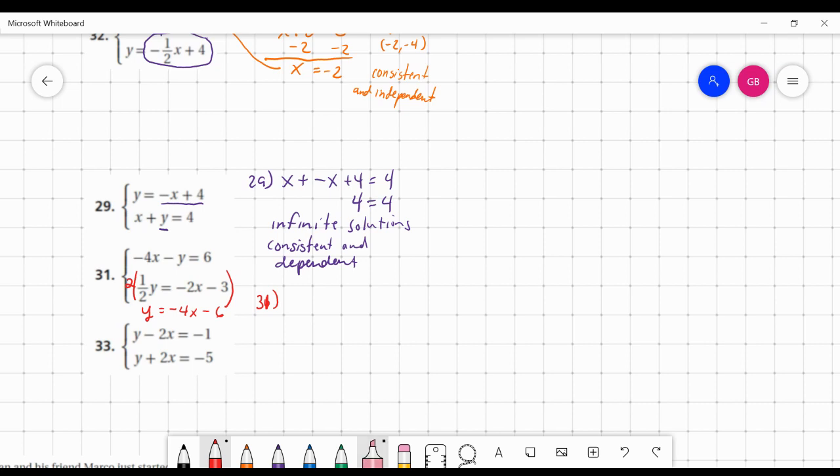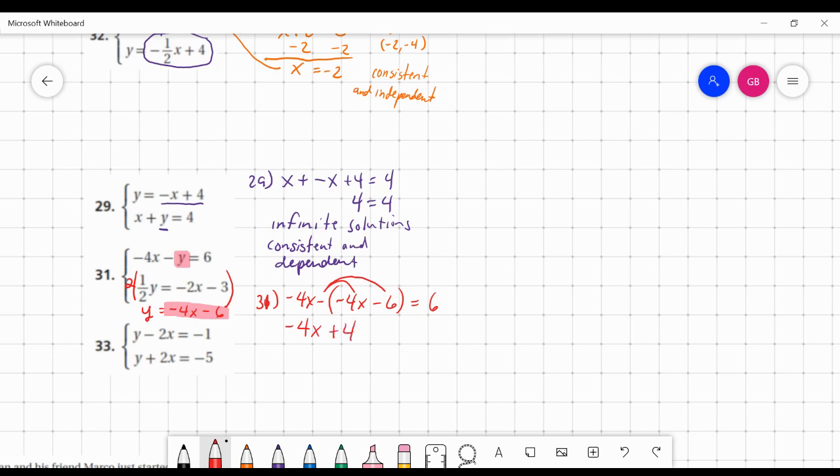Now, since I know that y is negative 4x minus 6, I'm going to plug it in here. So negative 4x minus negative 4x minus 6 equals 6. I'm going to distribute this minus. I'm subtracting everything inside the parentheses, so I'm distributing the minus sign.